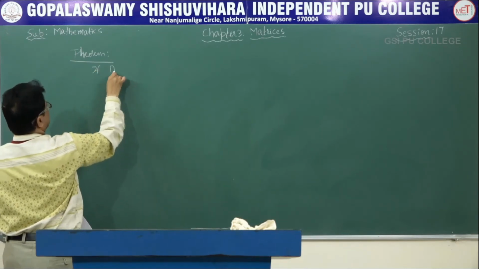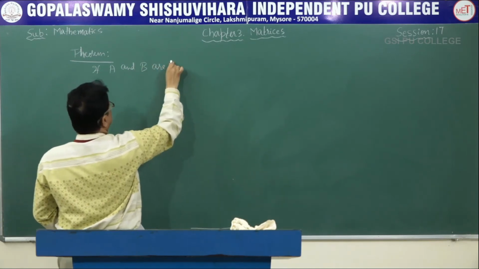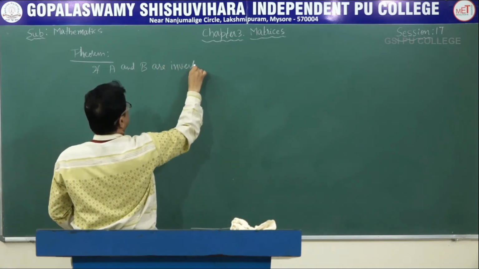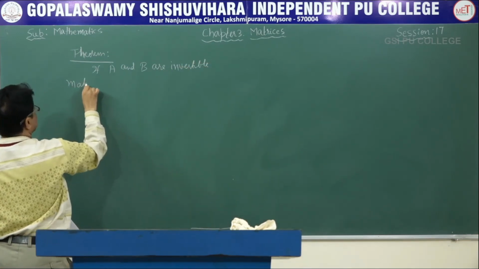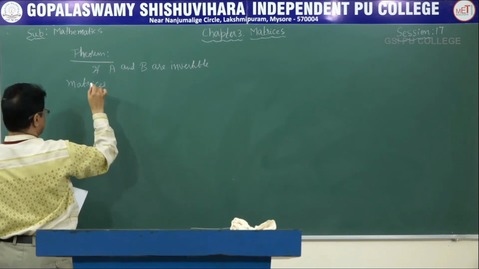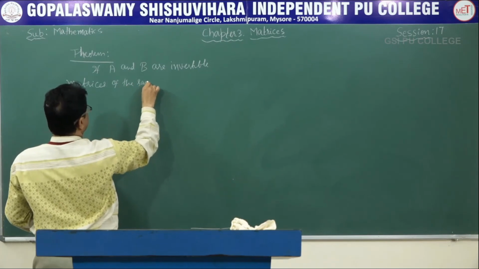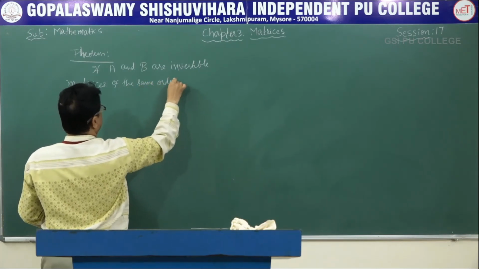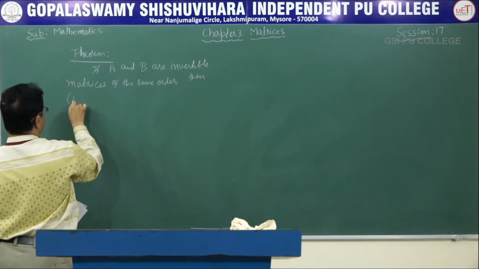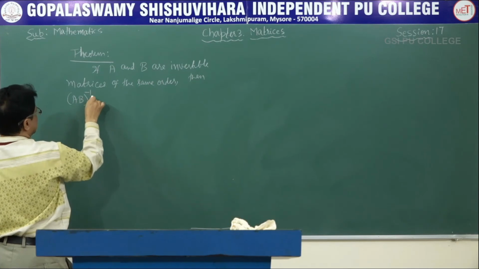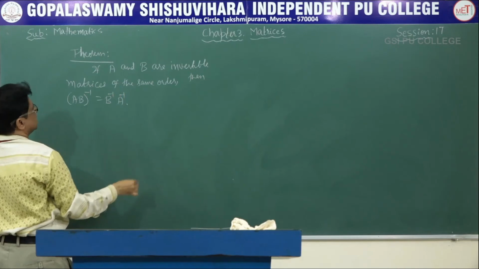If A and B are invertible matrices of same order, then AB whole inverse will be equal to B inverse A inverse.